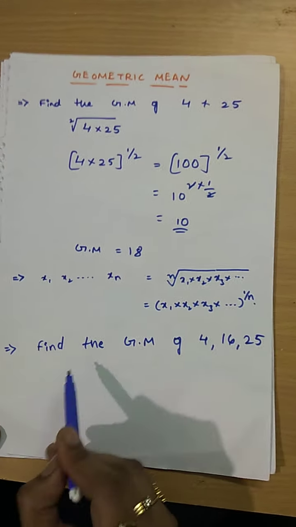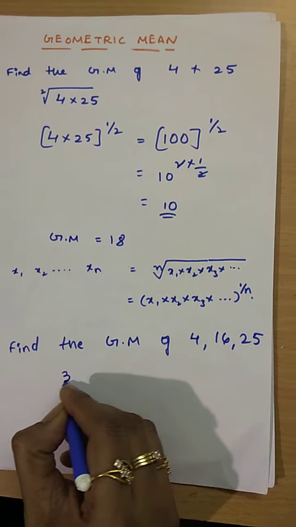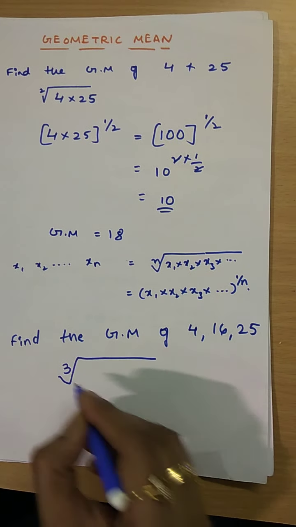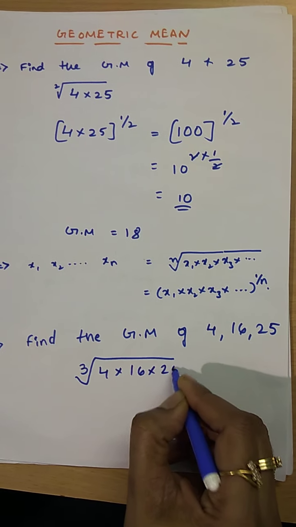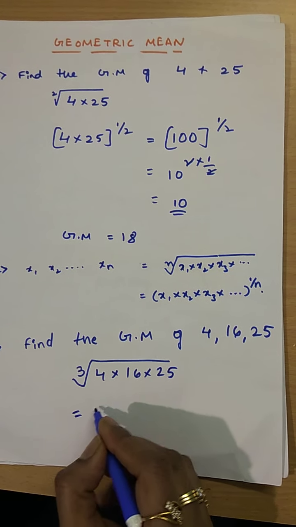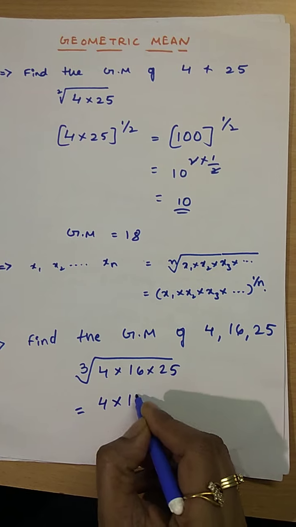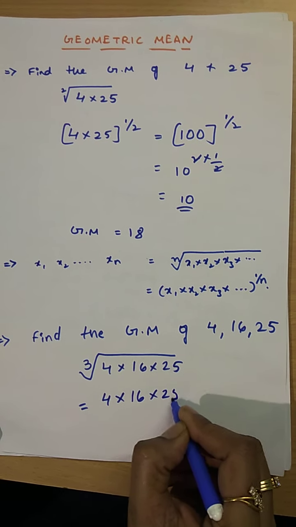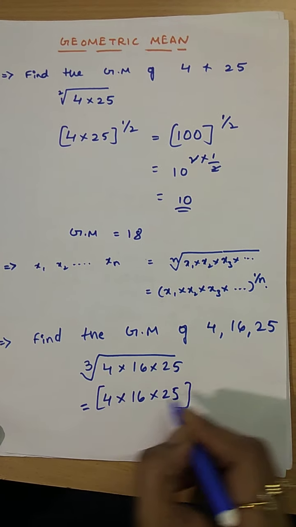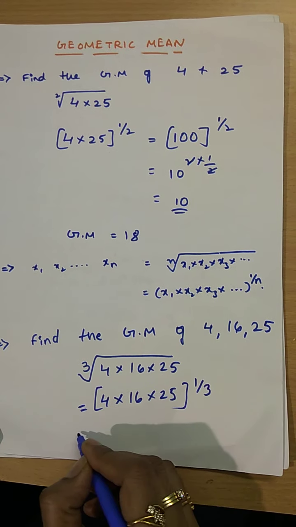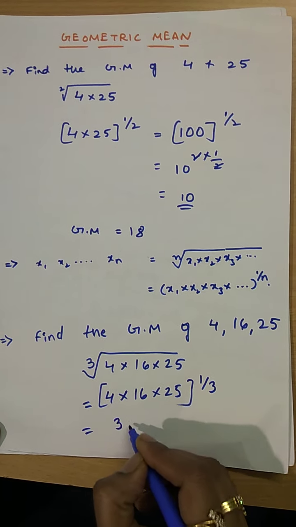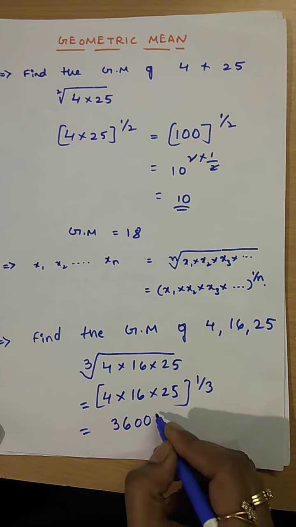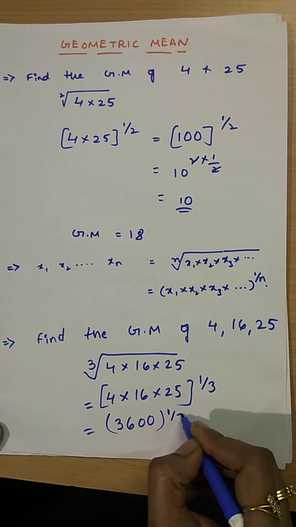The number of observations is 3 here. So the third root of 4 into 16 into 25, which is (4 into 16 into 25) whole power 1 by 3. What is the value of this? It is 3600 whole power 1 by 3.